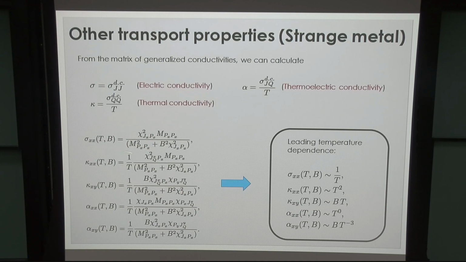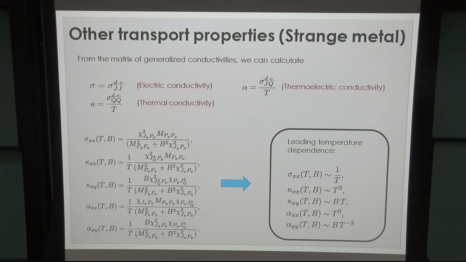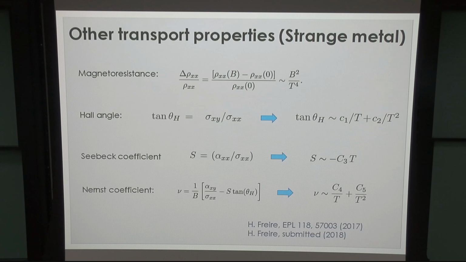And from this, we can estimate the temperature dependence of all the quantities which are given here. So you don't have to worry too much about that. The main message that I want to convey here is that from these expressions, we can calculate many things. So we can calculate magnetoresistance, which is given here. It's B squared, B is the magnetic field, and so it's B squared over T to the 4th.